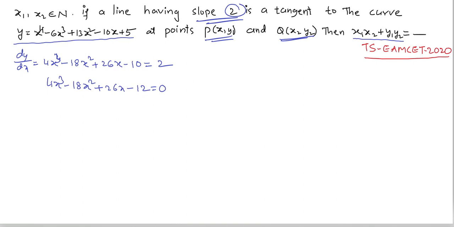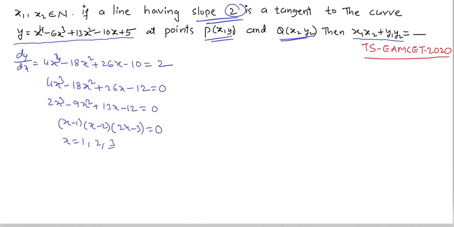So take 4 common, that is x cube minus 13x by 2 minus 3 is equal to 0. So x equal to 1 is satisfied, that is x minus 1 is a factor. So the values of x are x equal to 1, 2, 3 by 2.